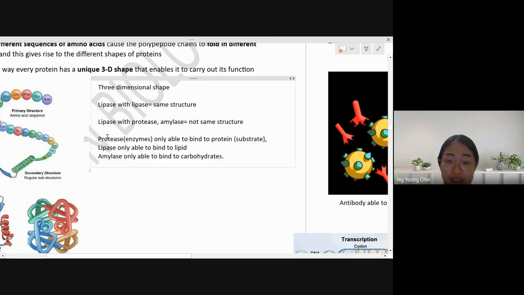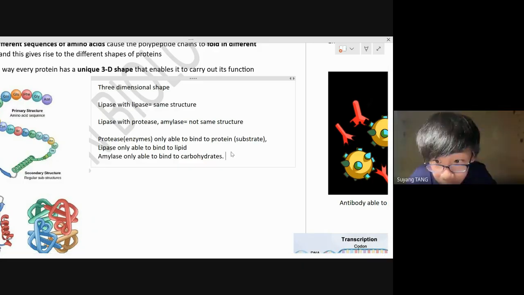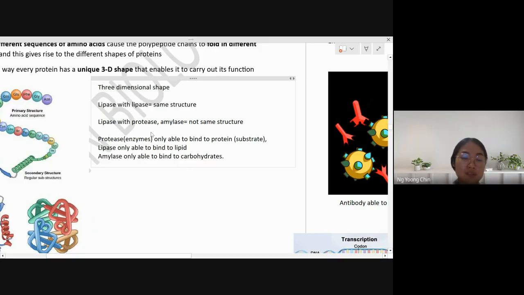That means protease is unable to bind to lipid or carbohydrates because the structure is not the same. Lipase is able to bind to lipid, but unable to bind to proteins or carbohydrates. Amylase is able to bind to carbohydrates, but unable to bind to proteins or lipid. Can you get me?